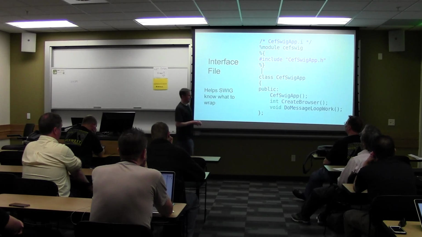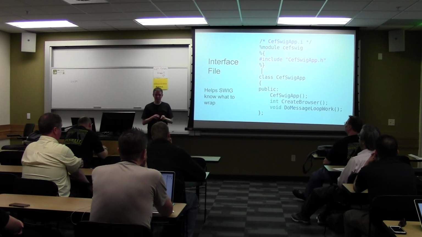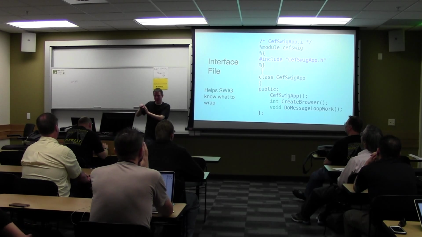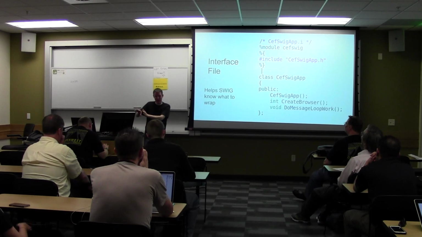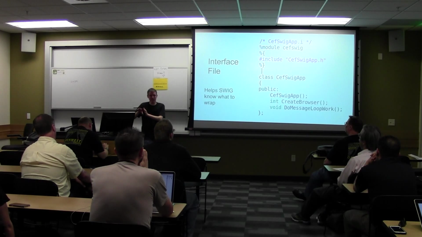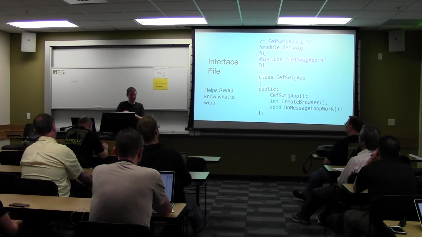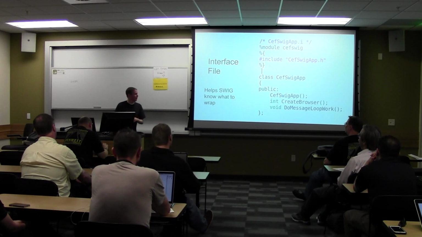Then Swig writes C++ code that you build in with your other C++ code. So Swig writes a little C++ wrapper. You build that with your C++ code, and it builds a .pyd, which is essentially a DLL. You build a .pyd file, and then from Python you can import it.